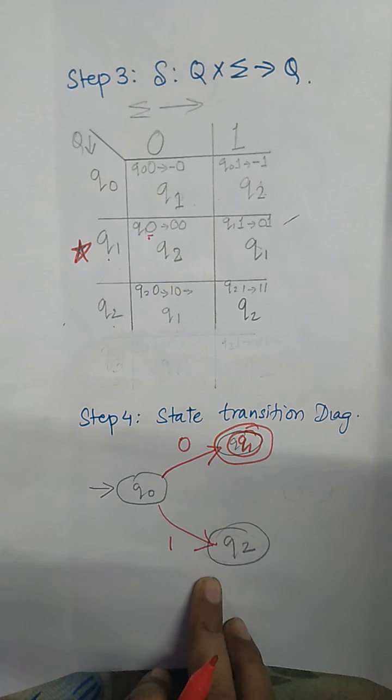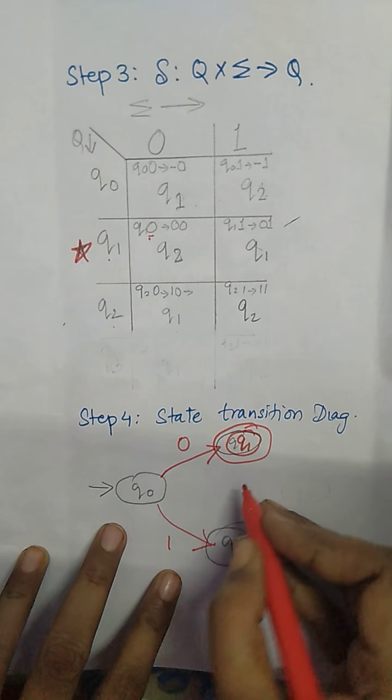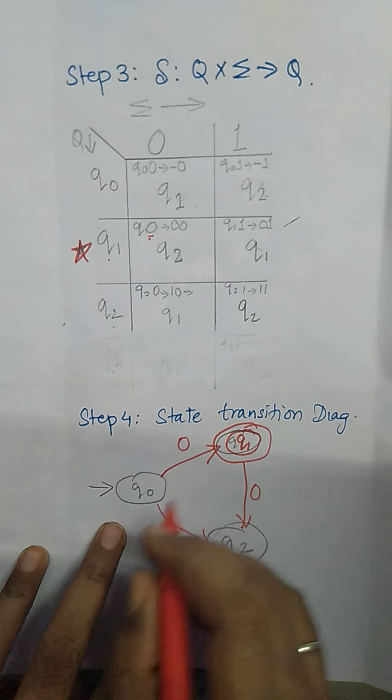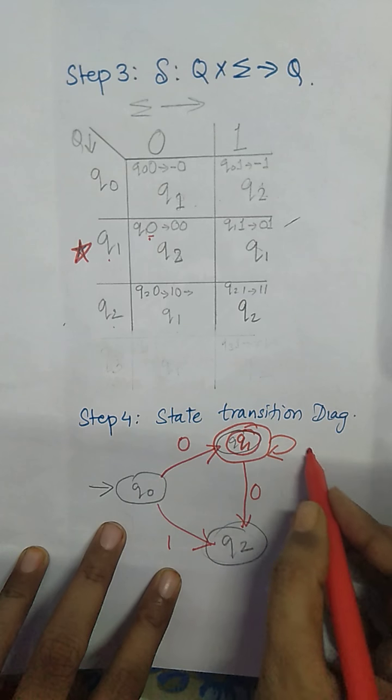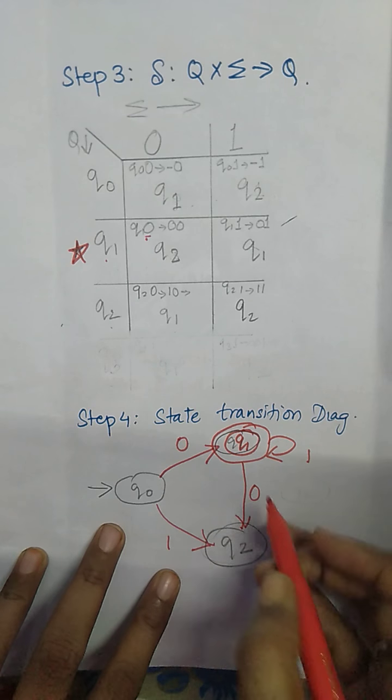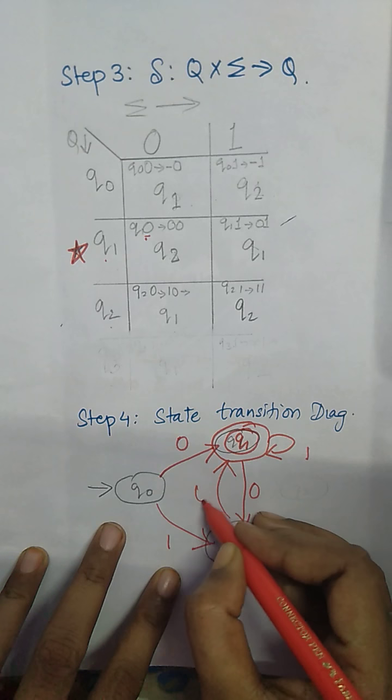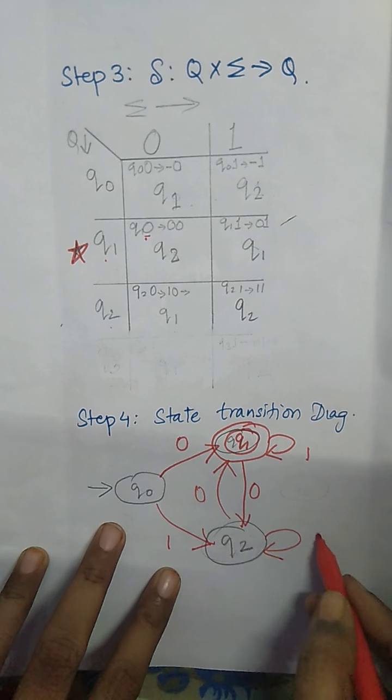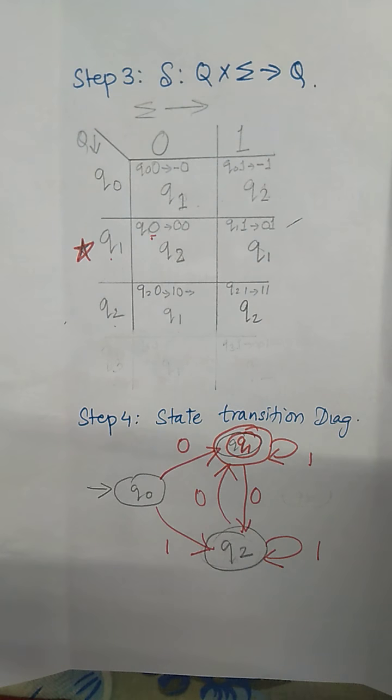So Q1 is the final state. Q1 on 0 goes to Q2, on 1 goes to Q1 itself. Now Q2 on 0 goes to Q1 and on 1 will remain in itself. So this is how we have completed the finite automaton for odd number of zeros and any number of ones.